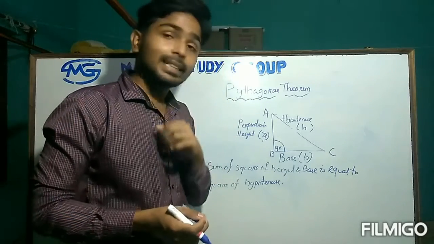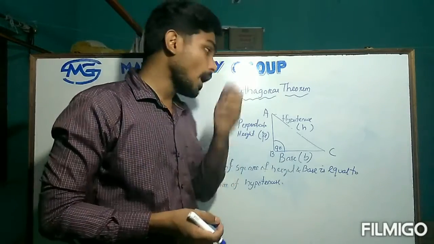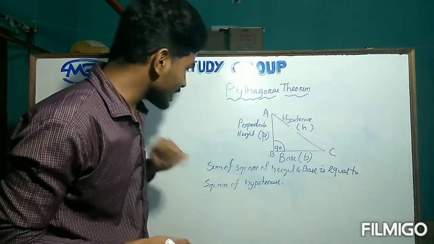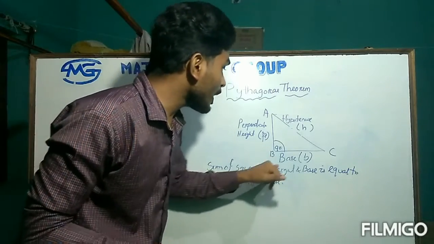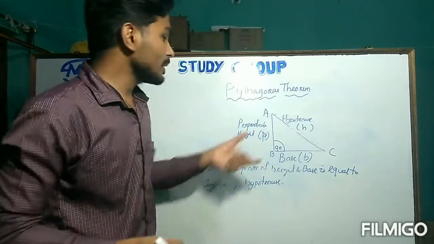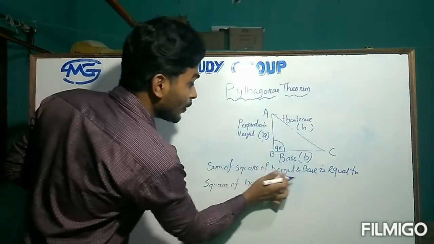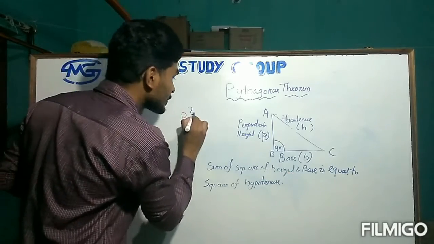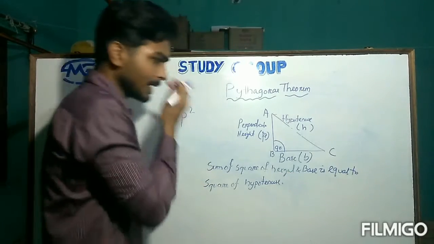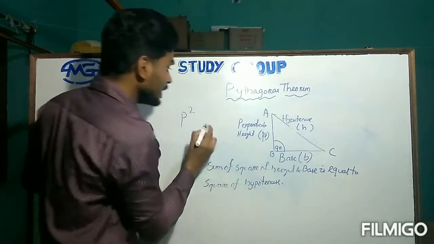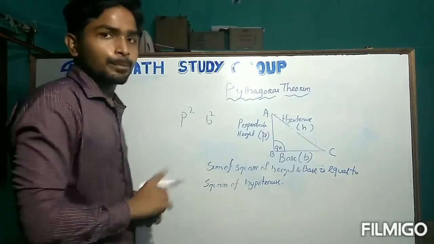We have to represent it in mathematical form. How? Let's understand this statement. The statement says the sum of square of height and base. Here the height is P, so square of height is P square. Then square of base, base is B, so B square.